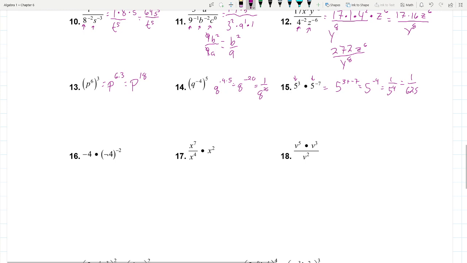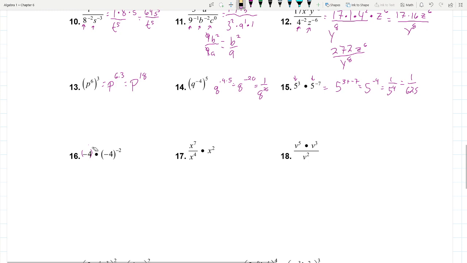Negative 4 times negative 4 squared, or negative 4 to the negative 2nd power. Now, it's really tempting to think of these as possibly having the same base, and they effectively do. Because we can think of this negative 4 as being its own set of parentheses just for this purpose.